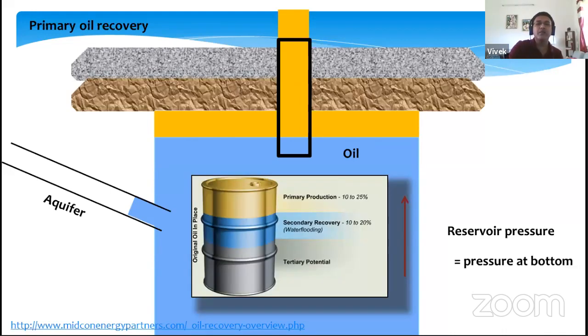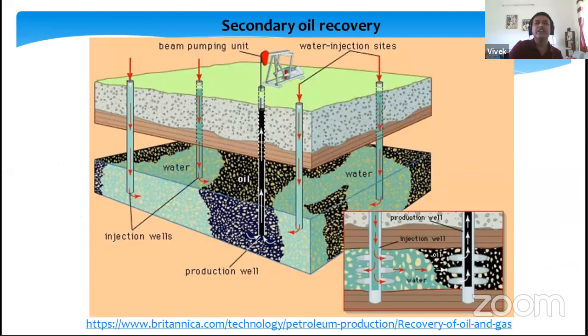Okay, so that takes us to secondary oil recovery. When the primary recovery is no longer sustainable and the natural pressure has completely gone down, we resort to secondary oil recovery options. Here you can see, in the vicinity of your primary production well, the secondary wells, which are called injection wells, through which we pump in different types of liquids. A simple liquid is water.